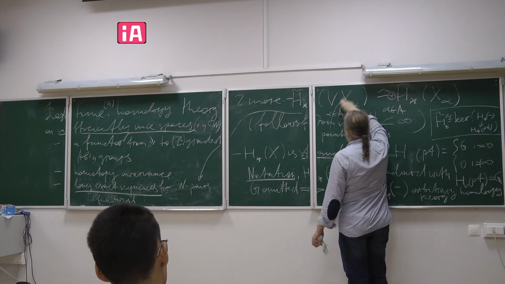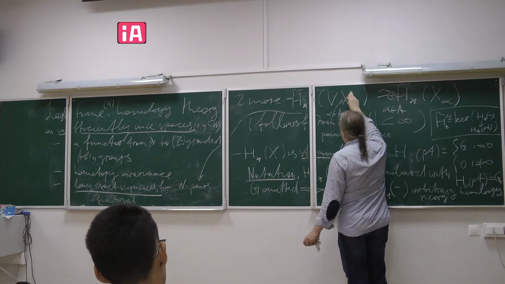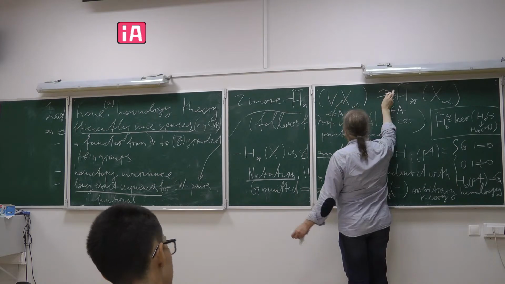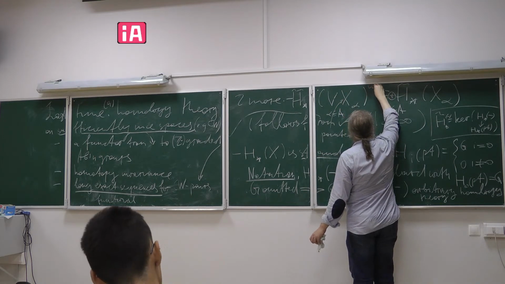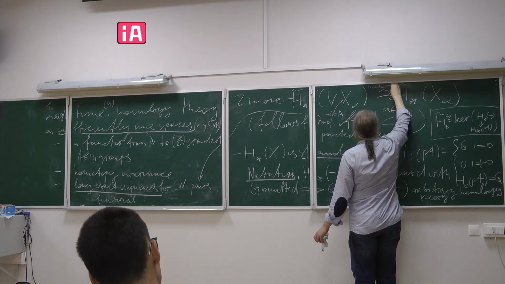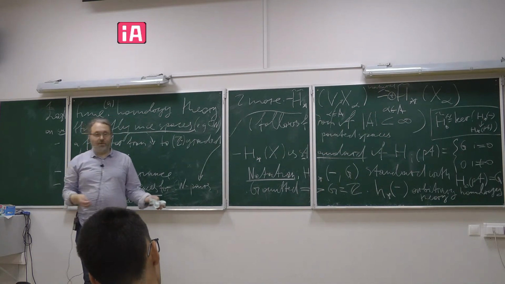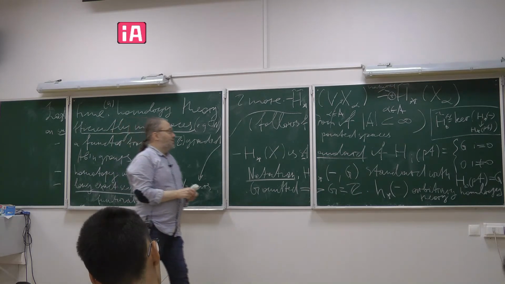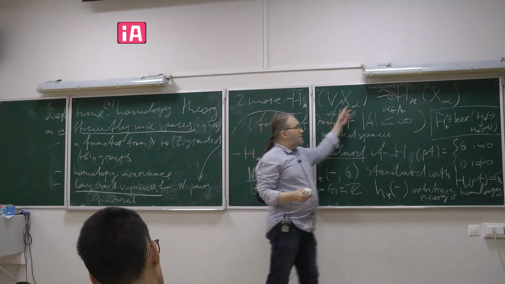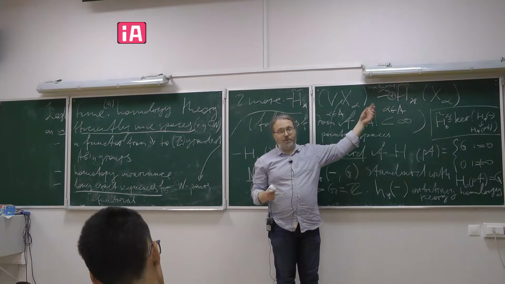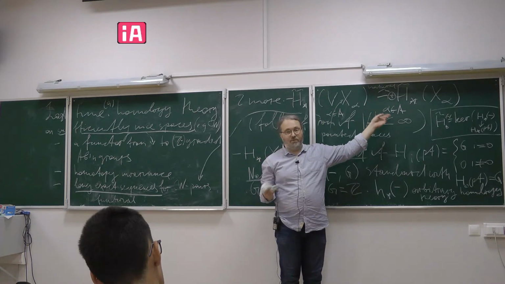Both the left-hand side and the right-hand side are functors, and functors from the category of collections of pointed spaces to graded abelian groups.